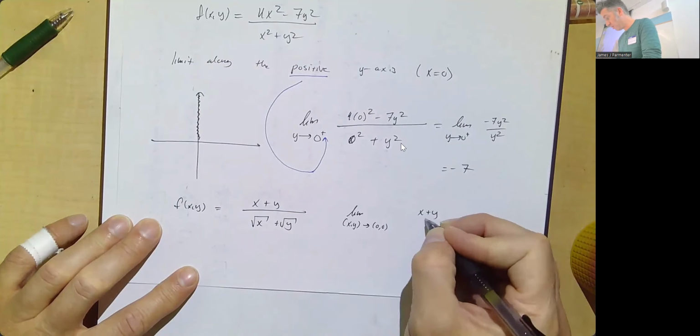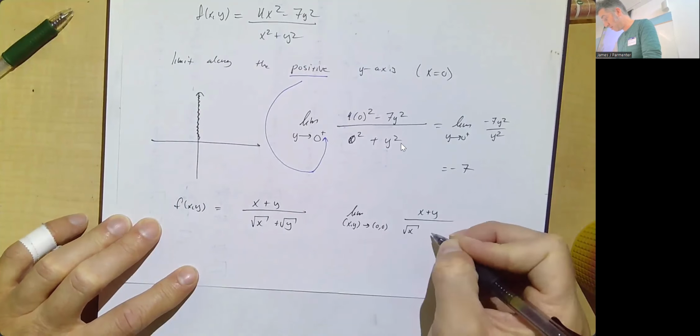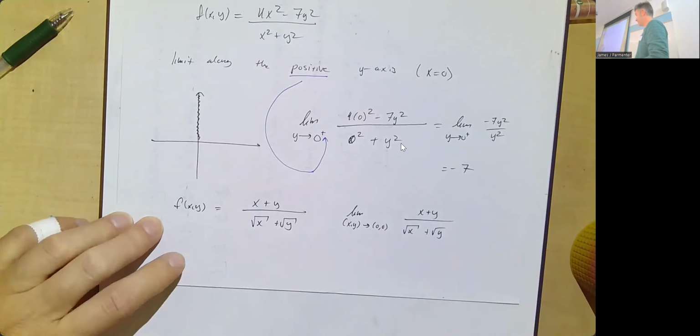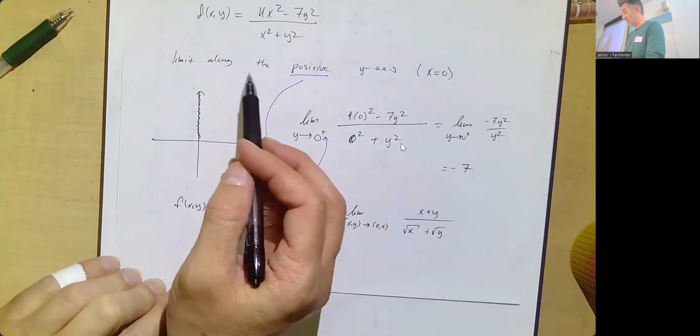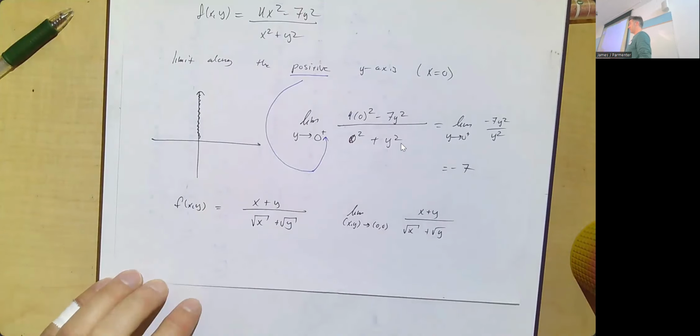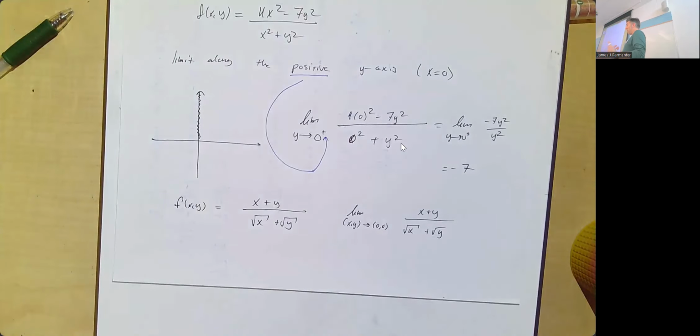Well, now it should be noted that x is not allowed to be negative. y is not allowed to be negative. You can't take the square root of a negative number. So here, taking the limit along the positive y-axis really makes a lot of sense, because y has to be positive because of the domain of this function, right?